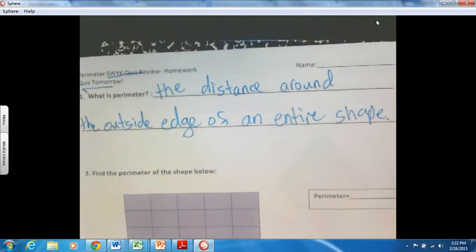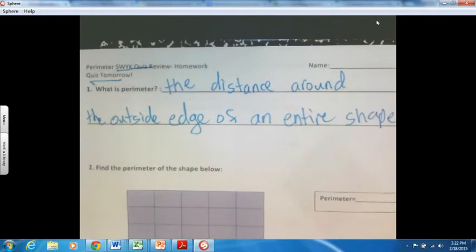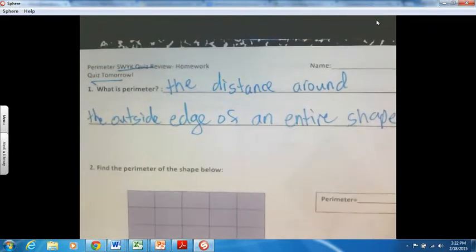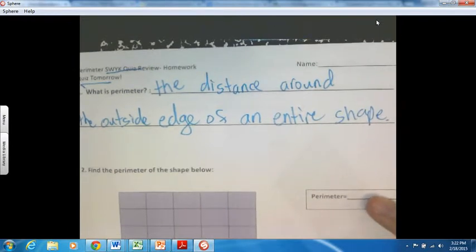Right? The distance around the outside edge of the entire shape. So not just 2 out of 4 sides, not just 5 out of 6 sides, every single side, the entire outside of a shape.